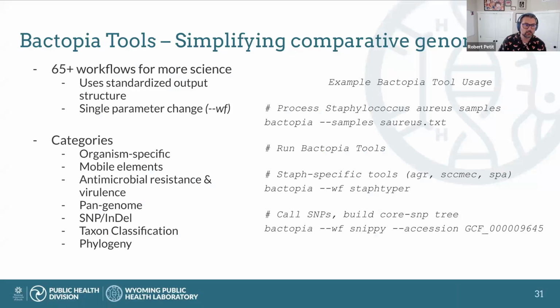Yeah, so here's kind of an example. And those images I showed, there's more than 65 of these additional workflows, Bactopia Tools, that allow you to really quickly do more science. They take advantage of that output structure that the original core Bactopia pipeline creates. And that directory structure is built per sample.